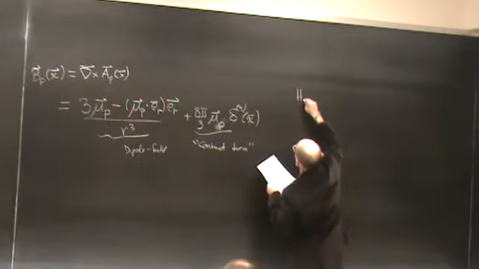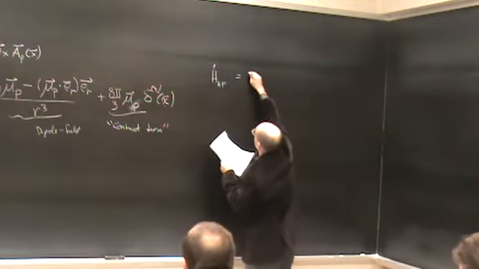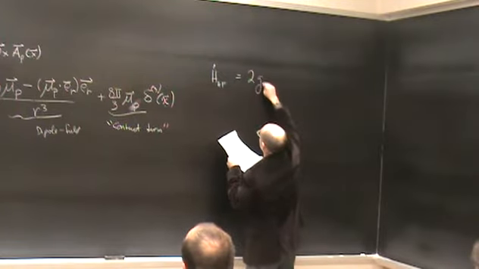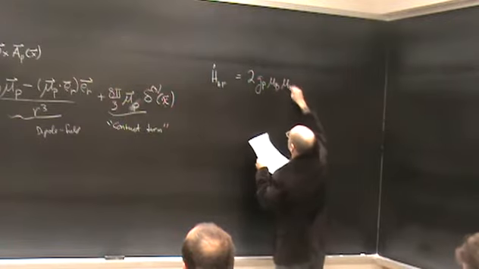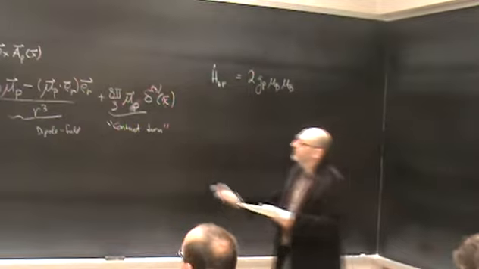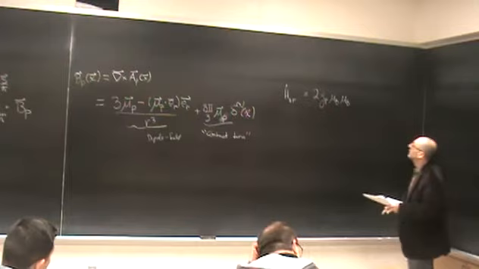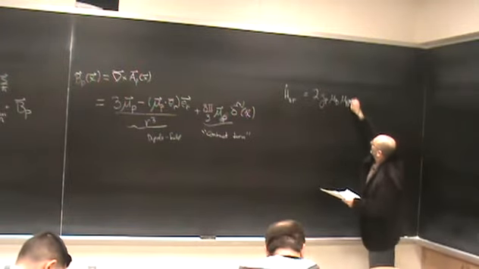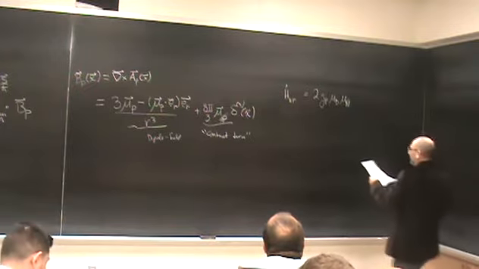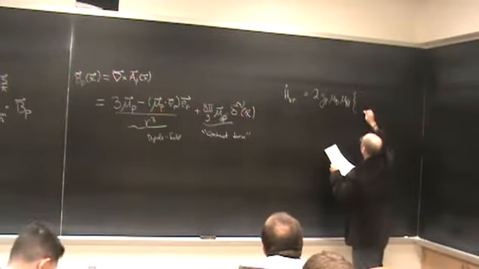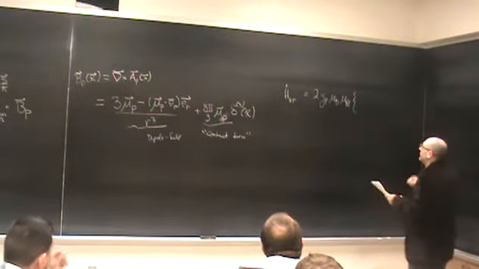My hyperfine Hamiltonian is equal to 2, the G factor of the proton, the Bohr magneton, the nuclear magneton, because I always have this combination of mu P and mu B. Then I have that first term, which is coming from the interaction of the orbit with the spin of the electron.